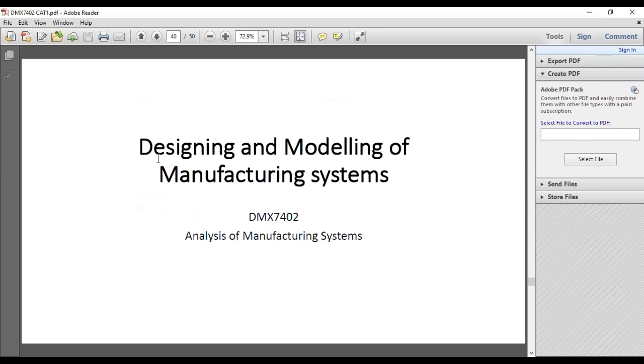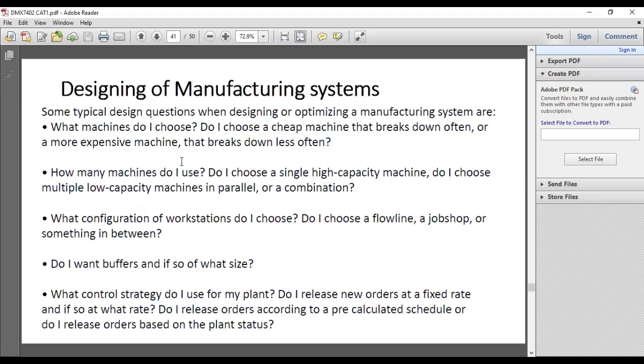So I combined another presentation slide into this. Let's see about designing and modeling of manufacturing systems. When designing, these kinds of questions might come up: which machines will I use, and should I use a cheap machine which breaks down often, or a more expensive machine that breaks down less?